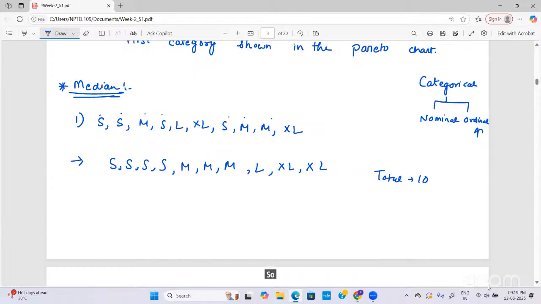So the median is basically the middle value in the data set. Let me write the definition also.